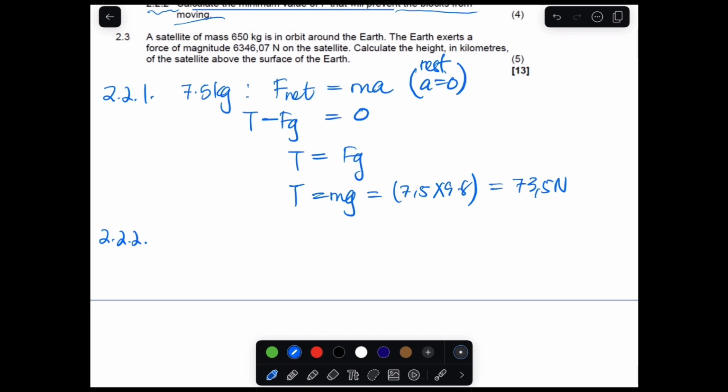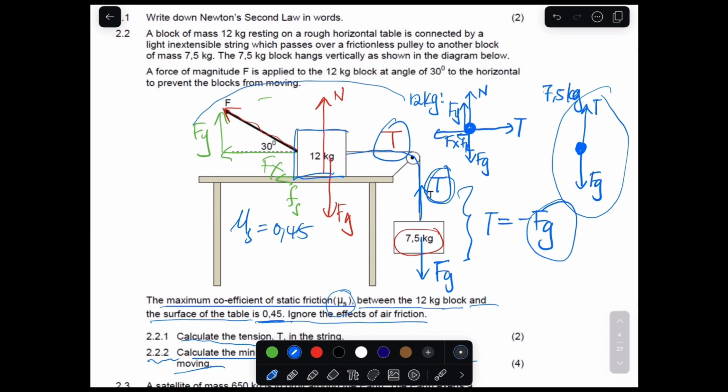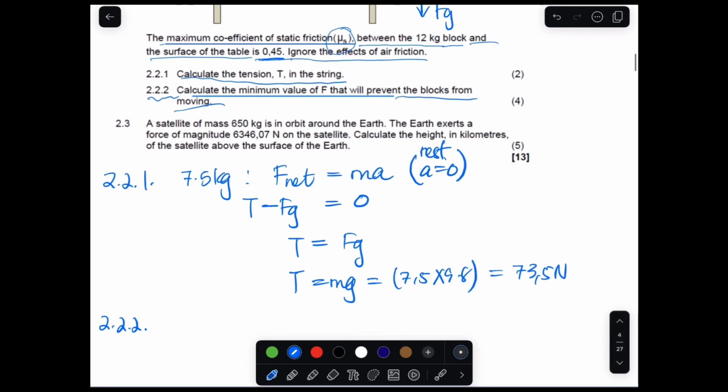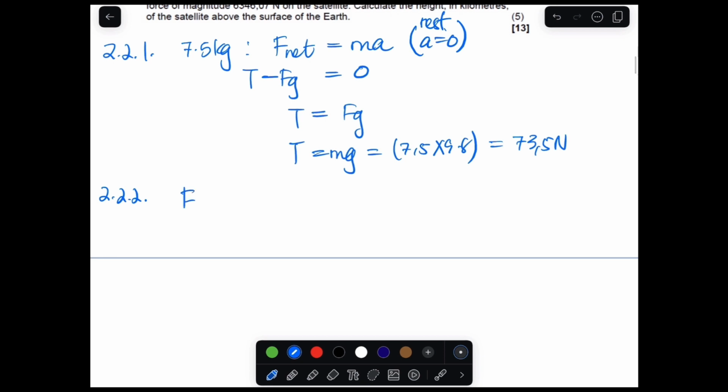It wants the force. So guys, the force is exerted on the 12 kg object, so let's use F net on the 12 kg object. F net is equal to MA. Now the acceleration is 0.